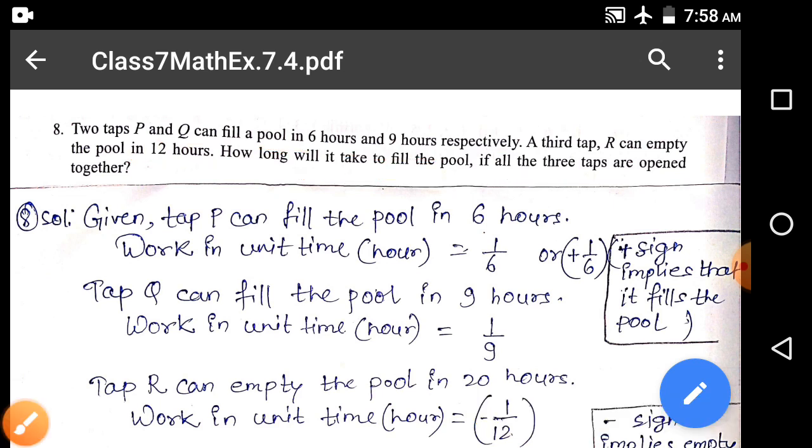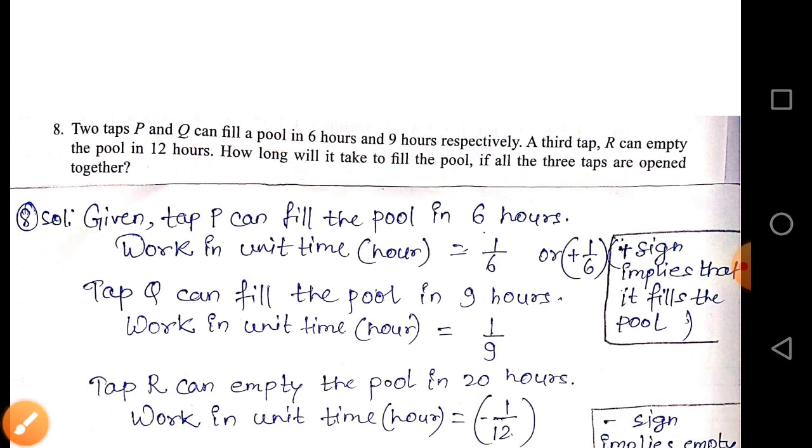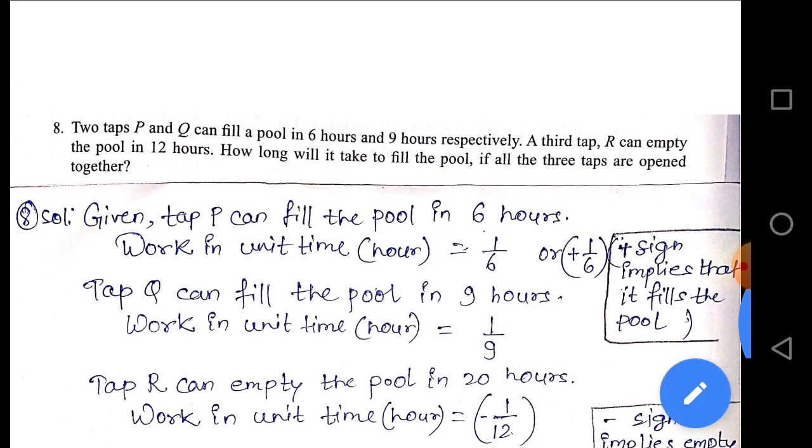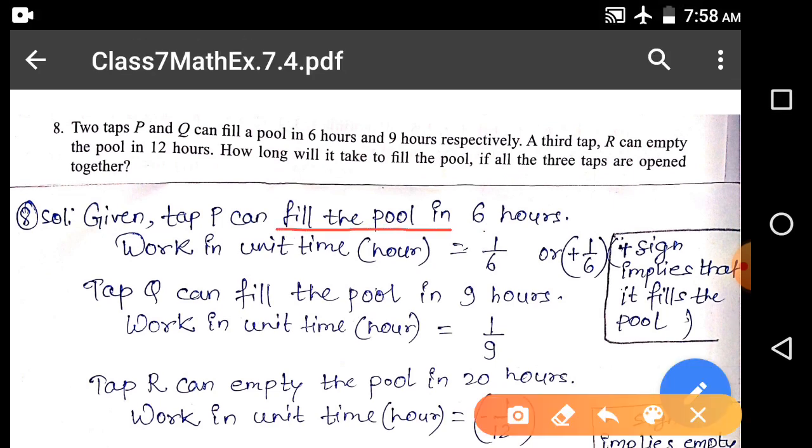Now see the data given: P can fill the pool, that is P can complete the work, in 6 hours. So work is 1 and time is 6 hours. So work done per unit time in hour is equal to 1 by 6, as you all know.